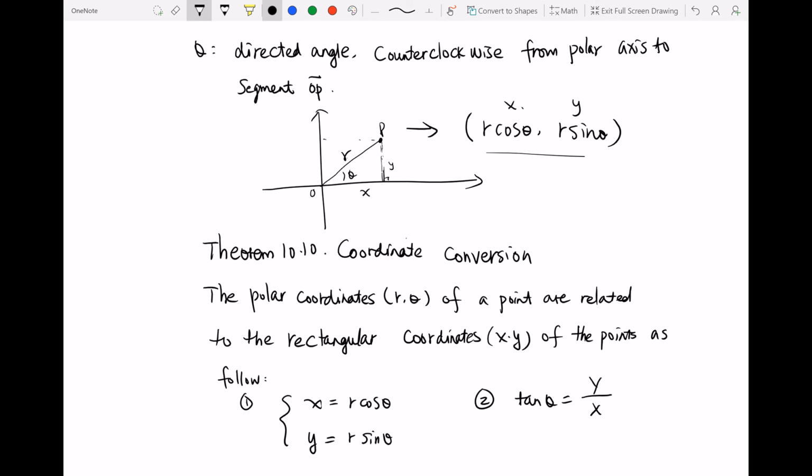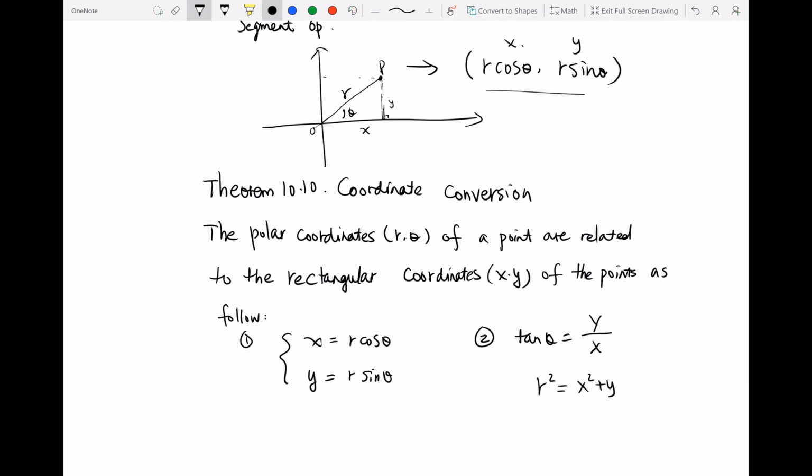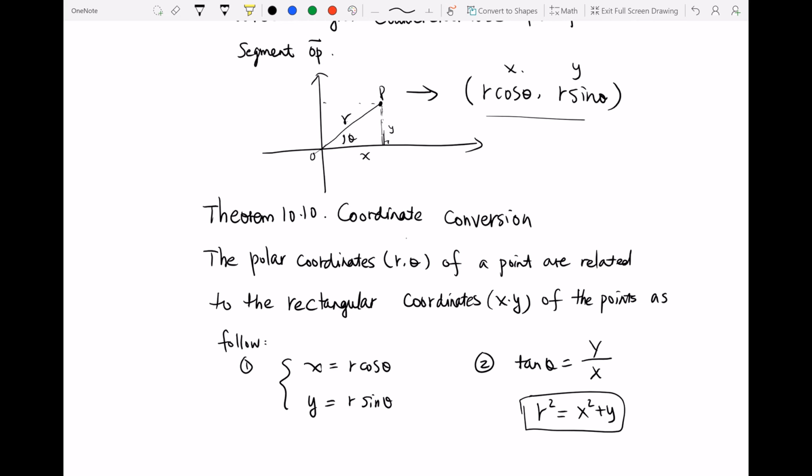Y is opposite the angle, x is adjacent to the angle. R is the hypotenuse, so tan theta equals y over x, and r squared equals x squared plus y squared. This is the Pythagorean theorem, a squared plus b squared equals c squared. R is the hypotenuse, x is the adjacent side, y is the opposite side. And this tan theta is opposite over adjacent, which is trigonometry.